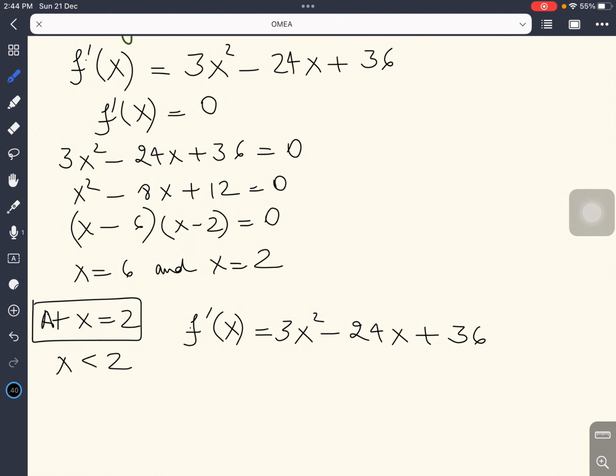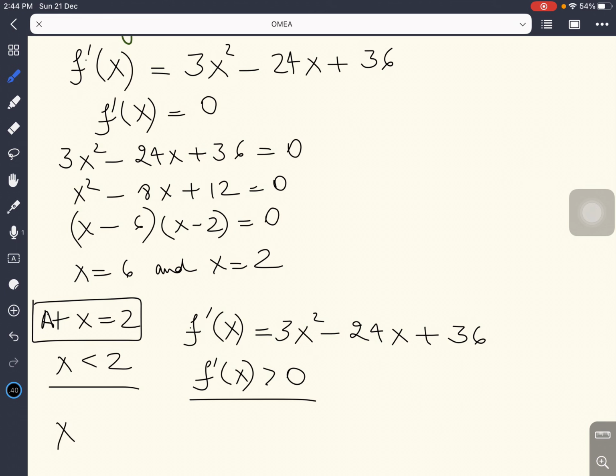If we put in, let's say, x equal to 1, we get 3 minus 24 plus 36. That means f dash x is greater than 0. At x less than 2, our f dash x is coming out to be greater than 0.